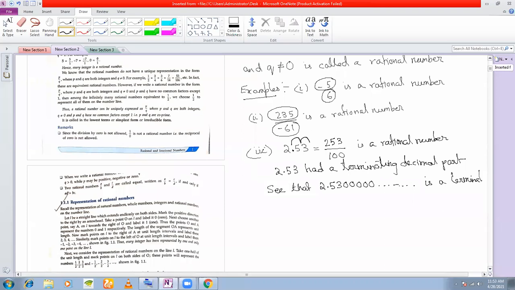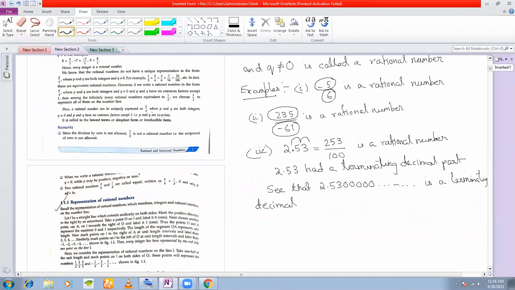Understood? Do you know what terminating means? Terminating means stopping, ending. It has a terminating decimal part.